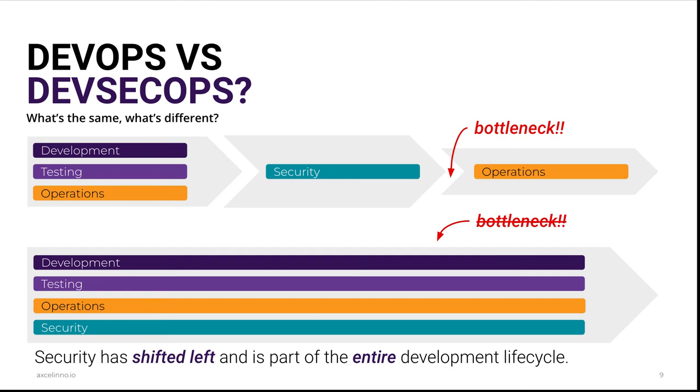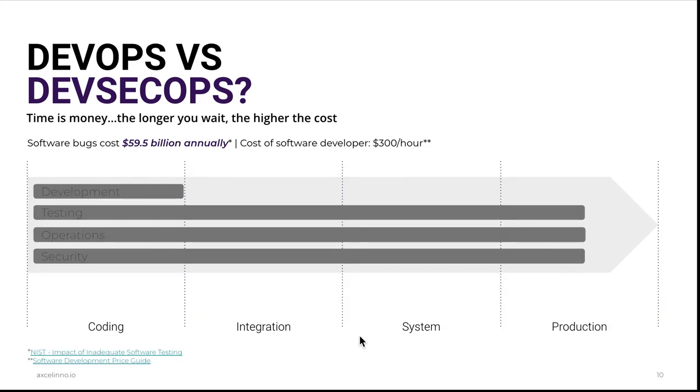So when we think through that, I also want to point out why this is really important. There's a study done by NIST which talks about the cost of software bugs, roughly almost $60 billion annually, and that's actually a slightly older report, so it's gone up.